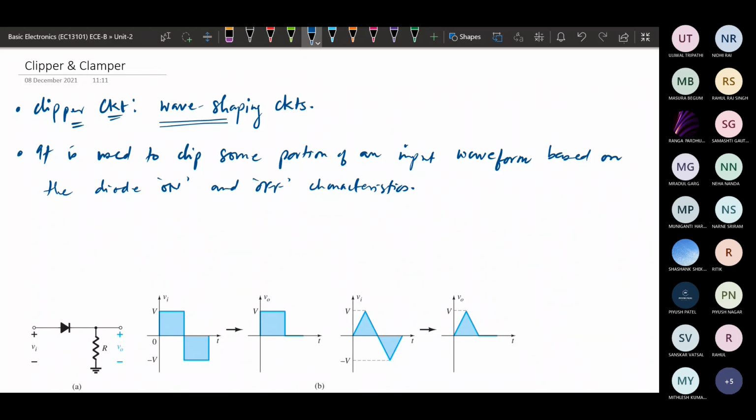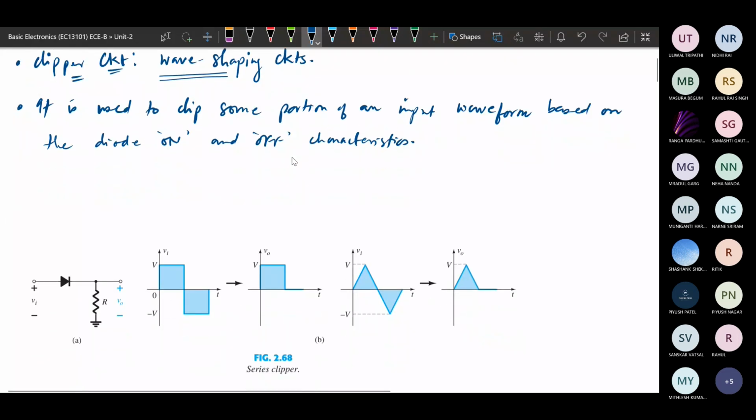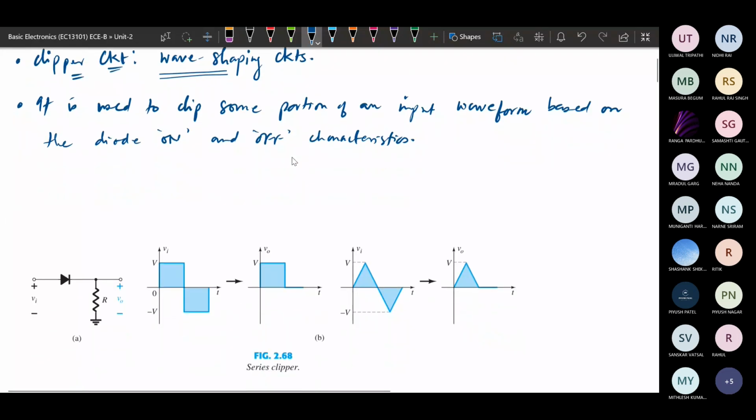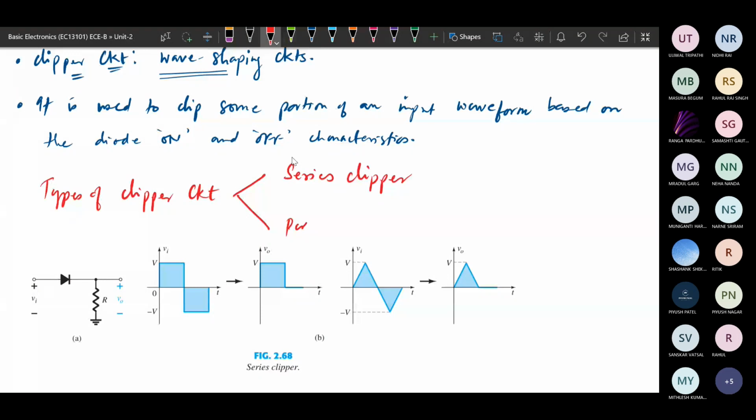The clipper circuit is divided into two different types. The types of clipper circuit are the series clipper circuit and the parallel clipper circuit.